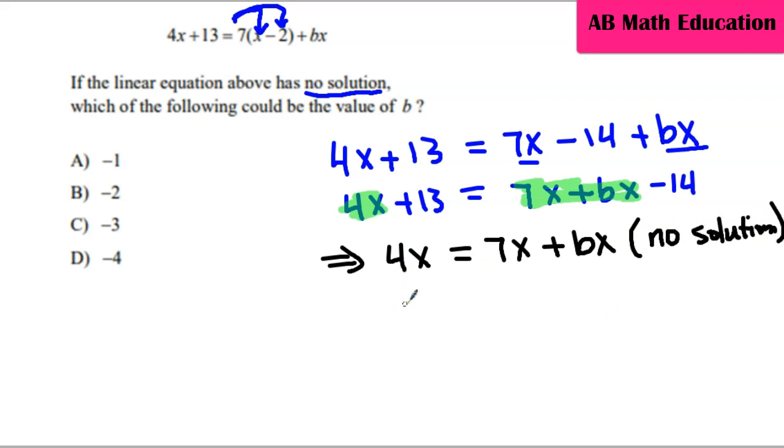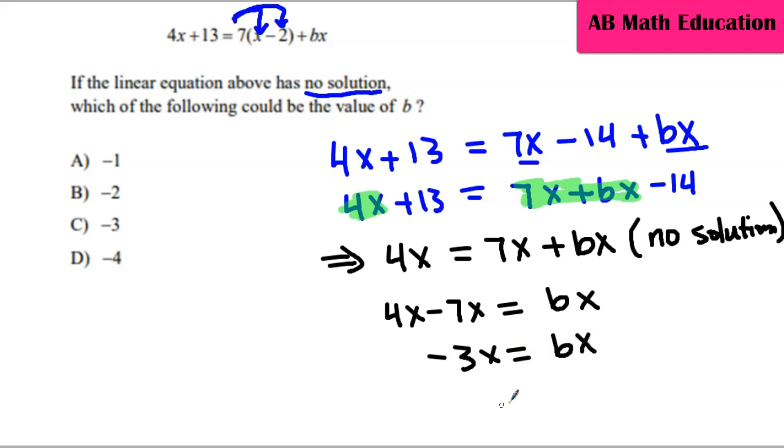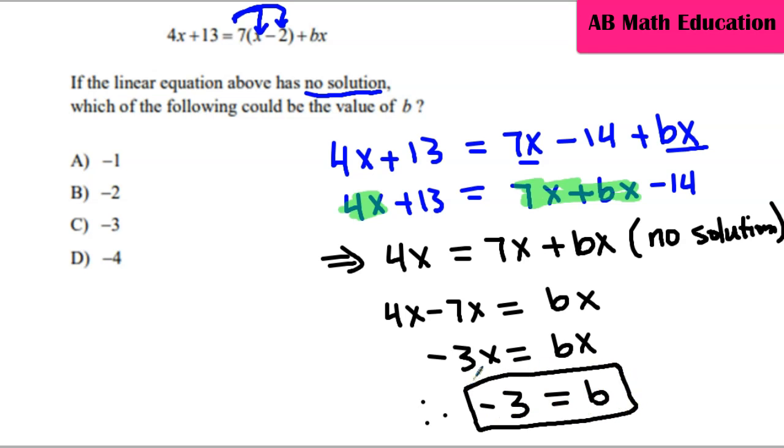We bring this one over here, so it's going to be 4x minus 7x equals bx, which gives negative 3x equals bx. So therefore, as we correspond, negative 3 must be equal to b, and that is the answer. So when b is equal to negative 3, this equation will produce no solution.